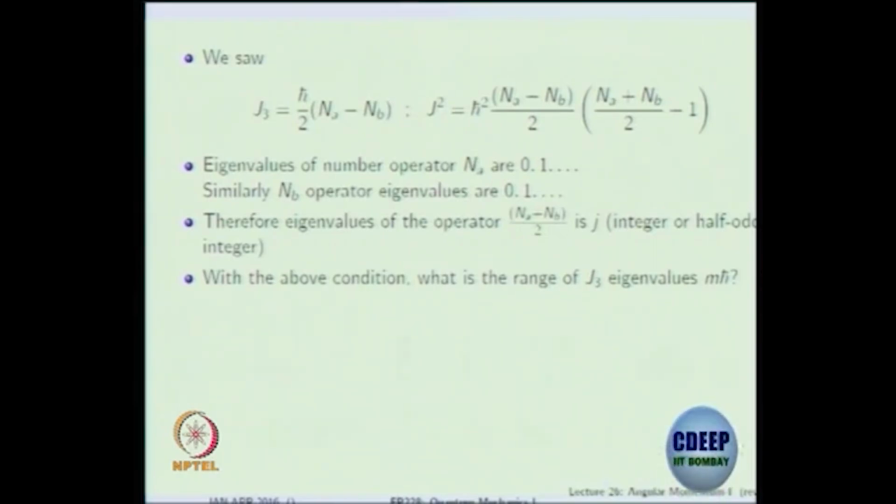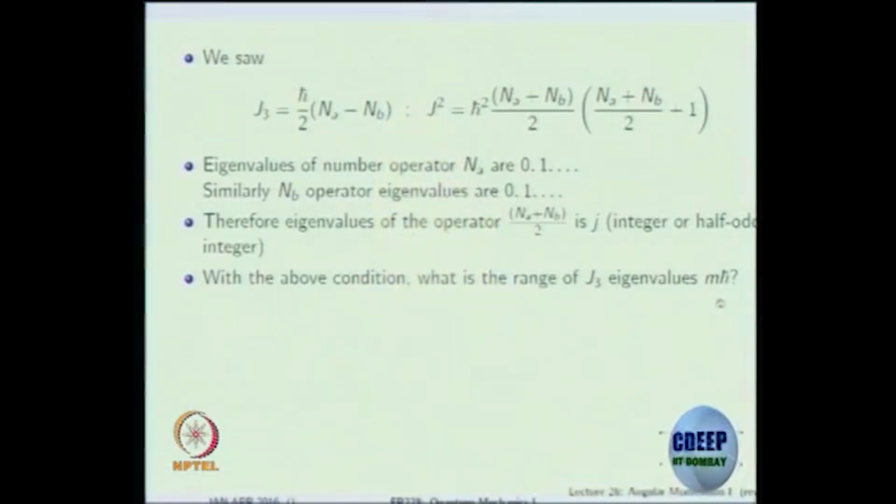This is the identification. If you take two harmonic oscillators, half the sum of their number operators should be identified as the angular momentum j, and the magnetic quantum number m will be half the difference between the numbers. Once I take that, my range of m is automatically fixed to be minus j to plus j. Any questions on this?